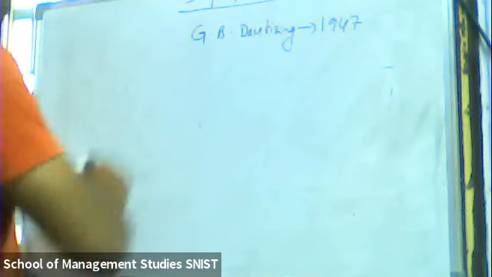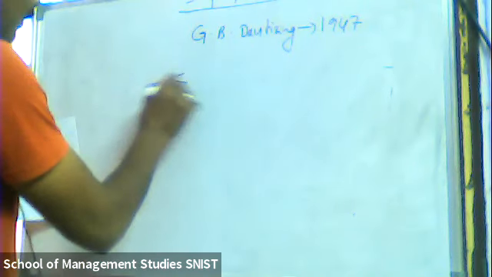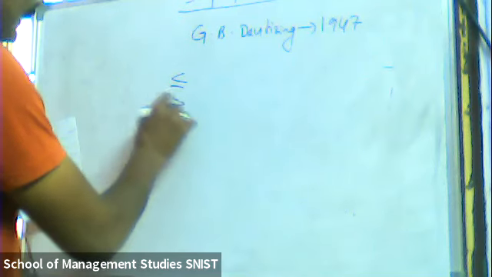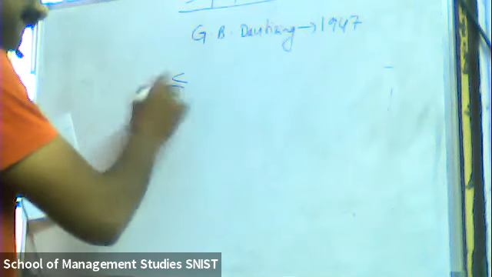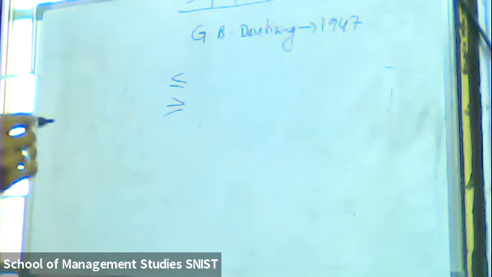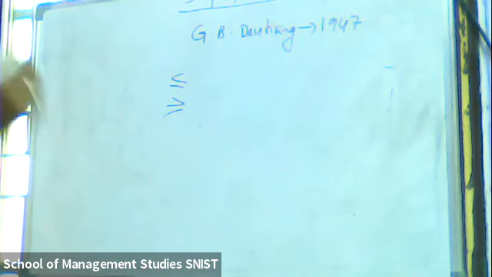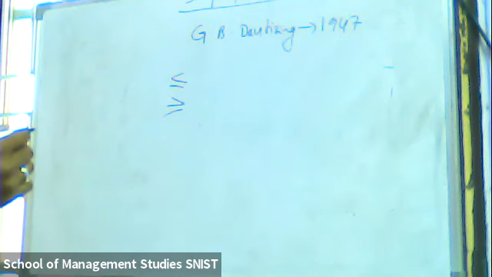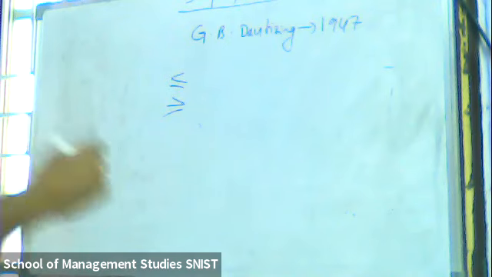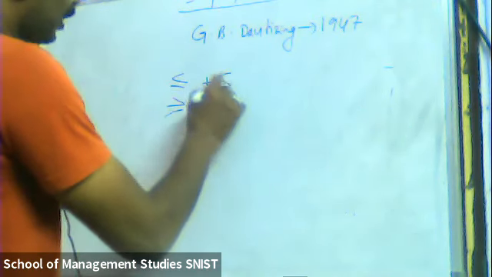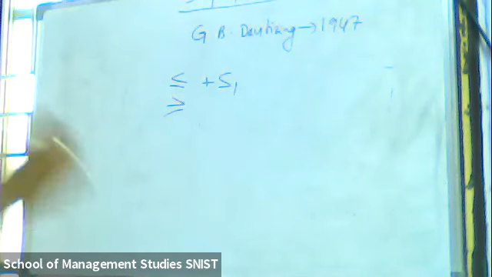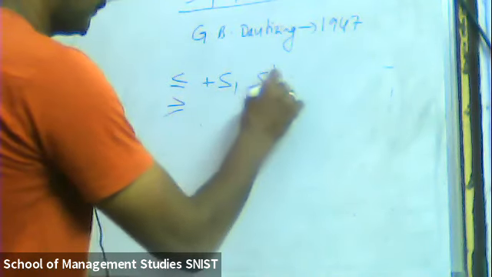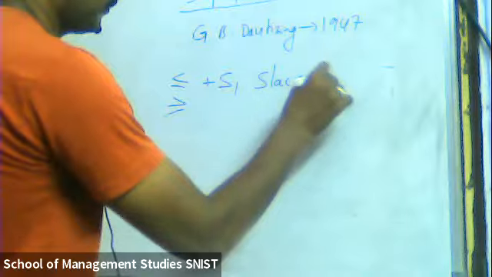As of now, we have come across less than or equal to and greater than or equal to constraints, right? If the given constraint is less than or equal to, to make the inequality an equality in the simplex method, we add one variable, called a slack variable, which is represented as plus S1. What is this S1? Slack variable.